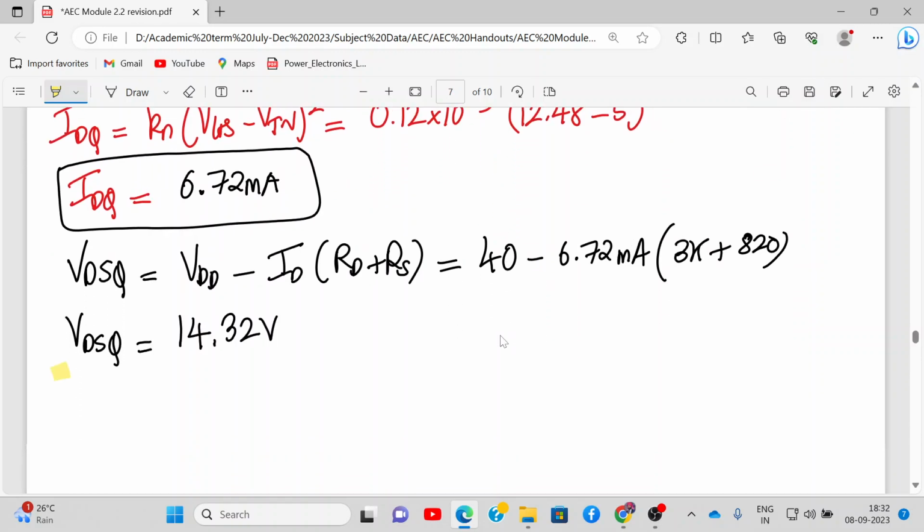Anyone got 14.32? Yes or no? Is this value correct? 14.32, VDSQ.